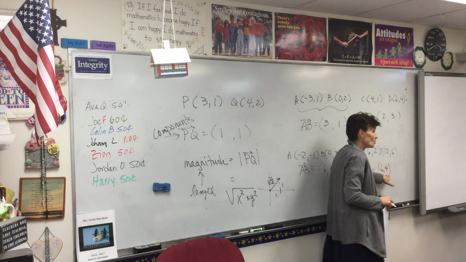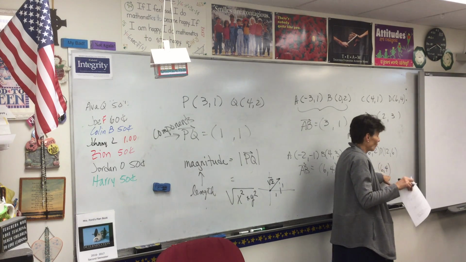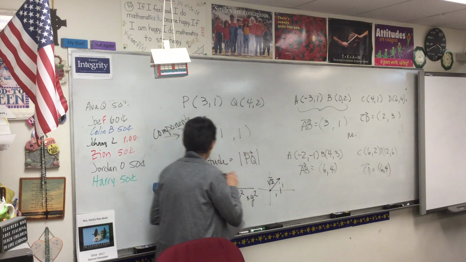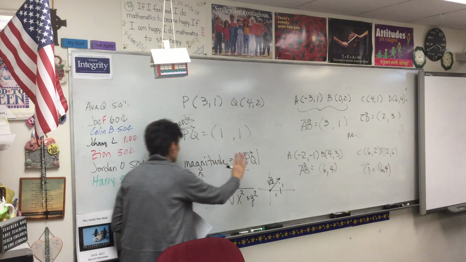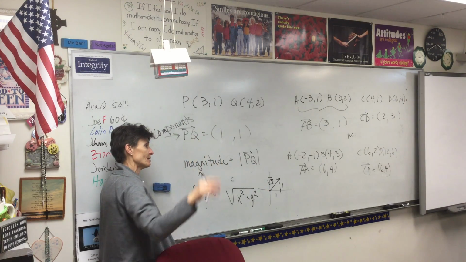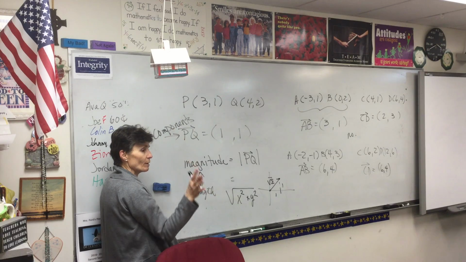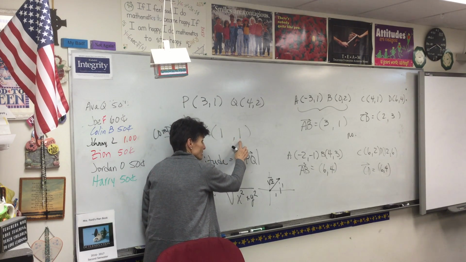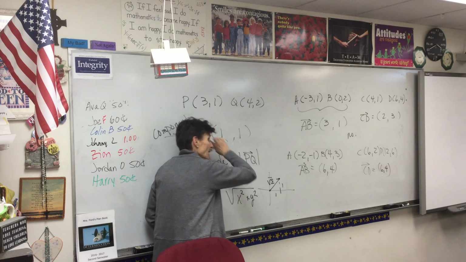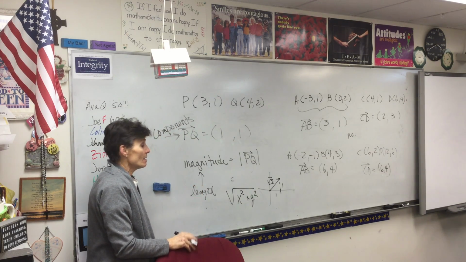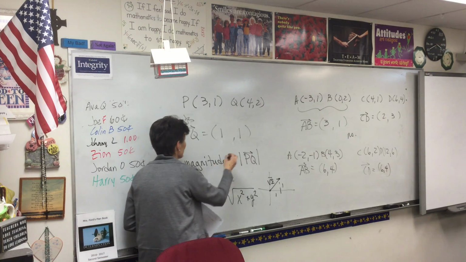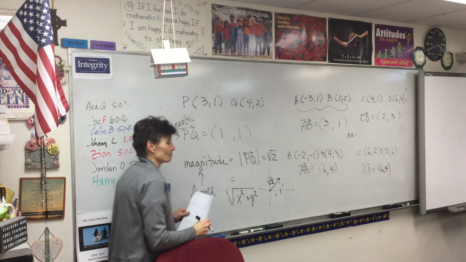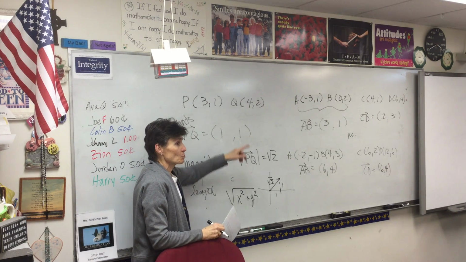The magnitude of this one would be 6 squared plus 4 squared square rooted. You can draw pictures, you can do Pythagorean theorem, you can do distance formula, you can do whatever you want. But all you really need to do is square the x, square the y, add them up, and take the square root. That will give you your magnitude. So our magnitude for this problem is root 2. 1 squared plus 1 squared.